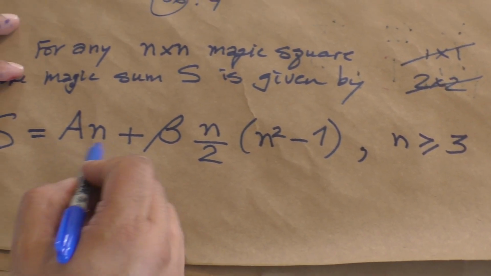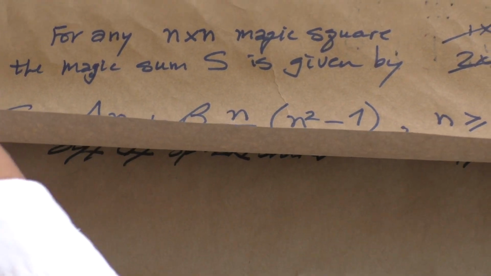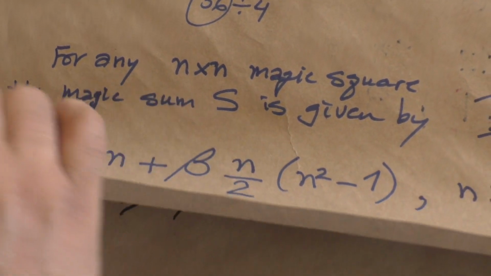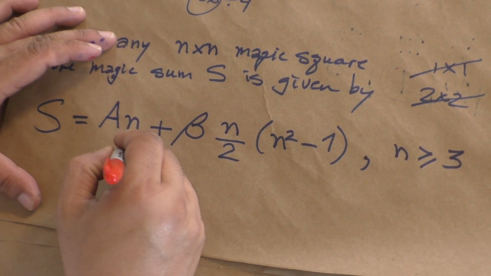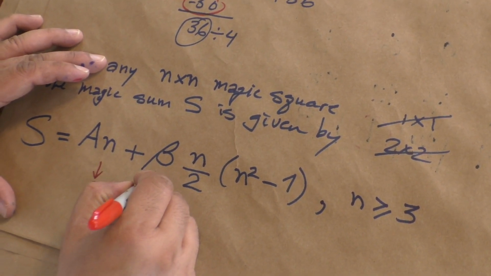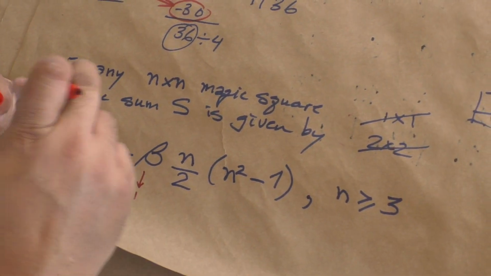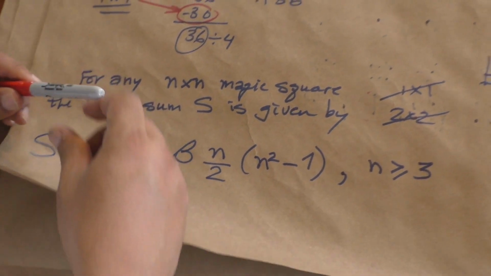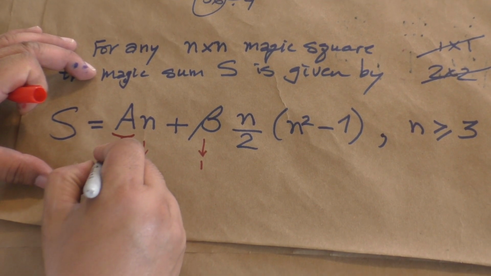So now, if you put in some value here, let's say we want to look at the 3x3, what happens? Well, that means that for n, we're going to put in 3, and we're counting by 1, so we're going to put in a 1 for the beta. And A is the minimum value where we want to start.